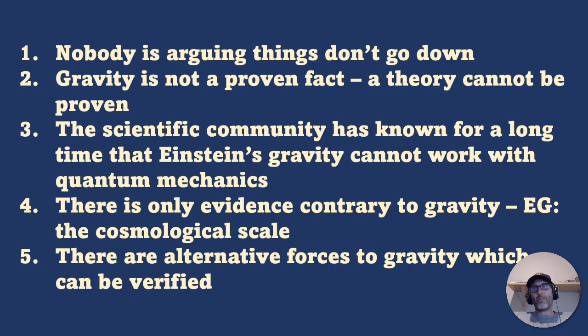Where it finally has the chance to overtake its counterpart, electrical forces, is on the planetary scale. But it doesn't work. It fails. Every solar system violates the mathematics that supposedly define gravity, that supposedly corroborate gravity. It fails.